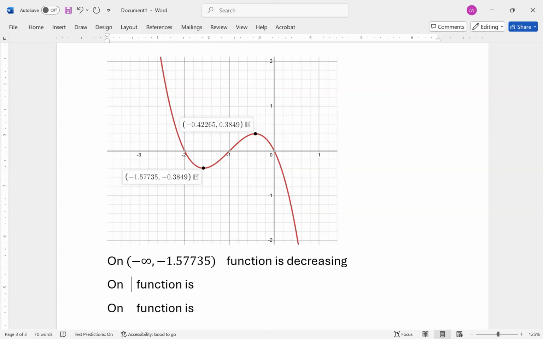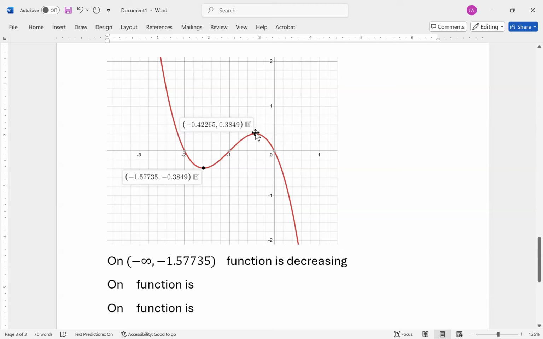Once we hit that -1.57735, then our function turns back up, and now the y values are increasing after I've hit the -1.57735.